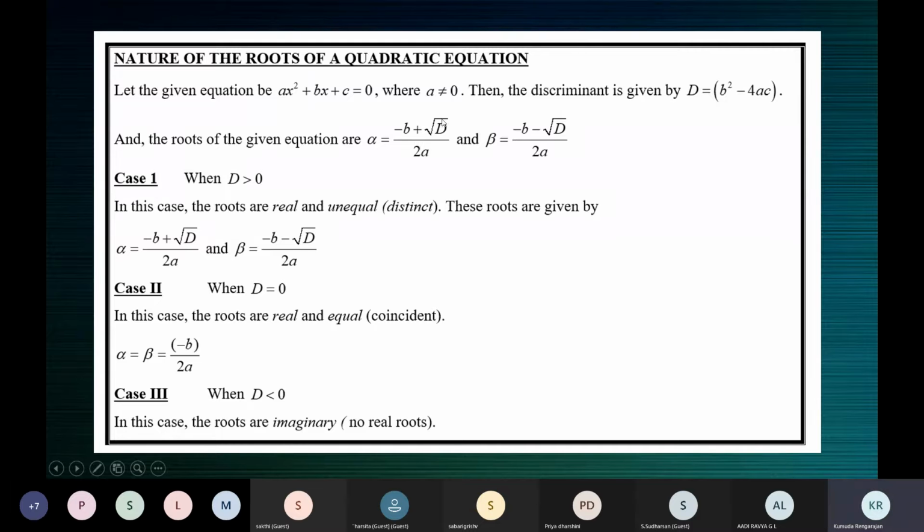But when d is 0, the square root of 0 is 0. Plus 0 minus 0, no difference. So alpha is minus b by 2a, beta is also minus b by 2a. When the value of the discriminant is 0, both the roots will be equal and they'll be equal to minus b by 2a.